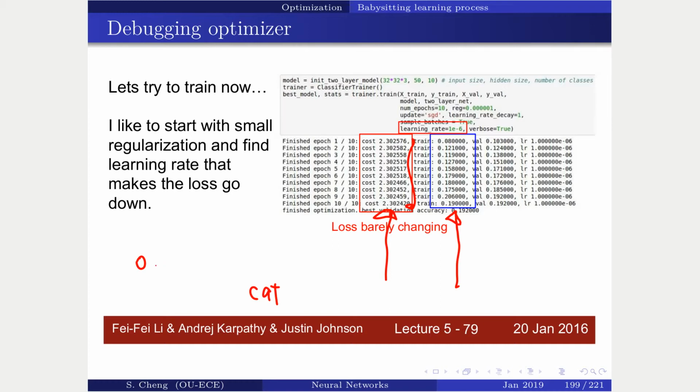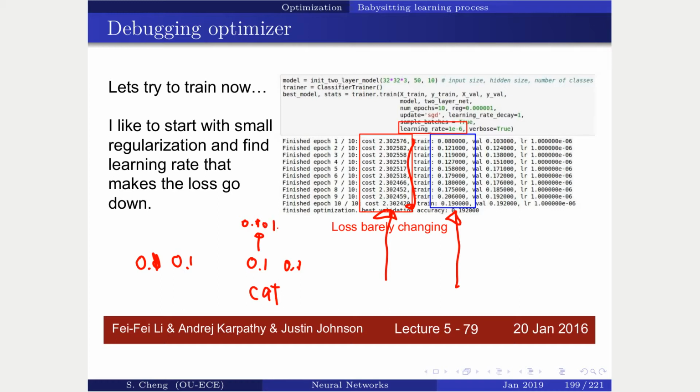All the class probabilities are more or less 0.1, including the cat class originally. But after several epochs of training, the cat probability went up a little bit, from 0.1 to 0.101, let's say.